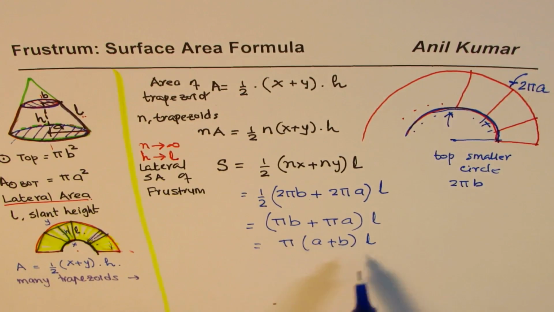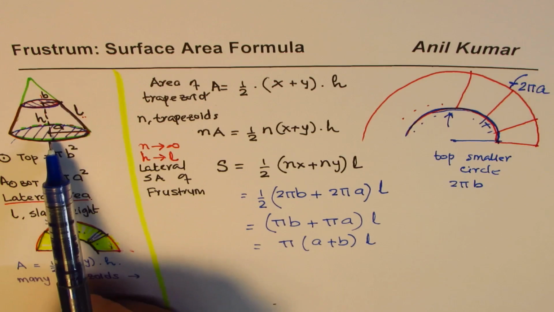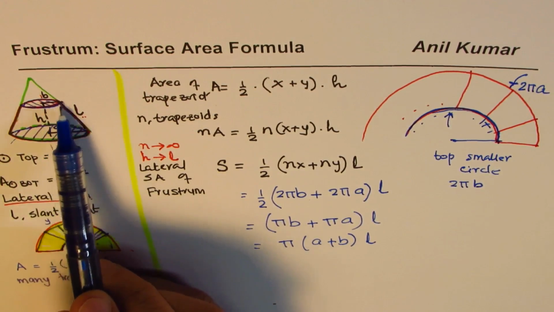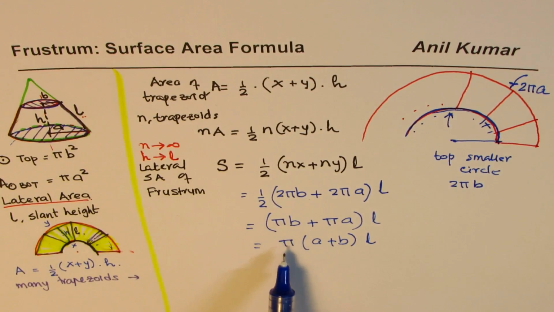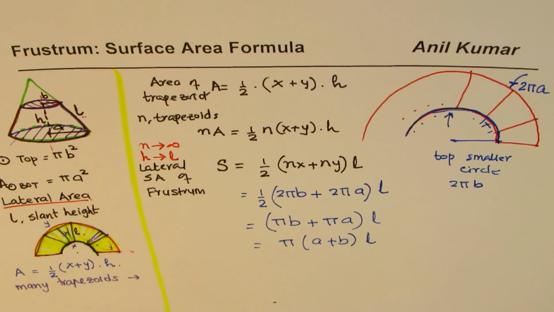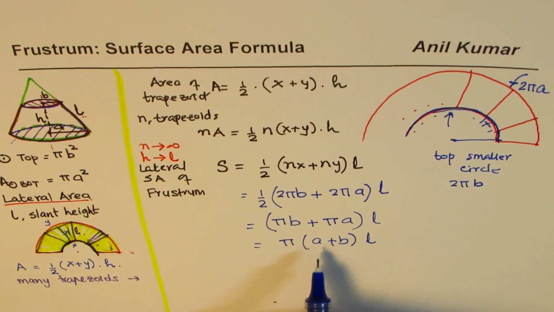As we took a as the radius of the base and b as the radius of the top portion, it is pi times a plus b times L. Does it make sense to you? So that is the formula for the surface area of a frustum.